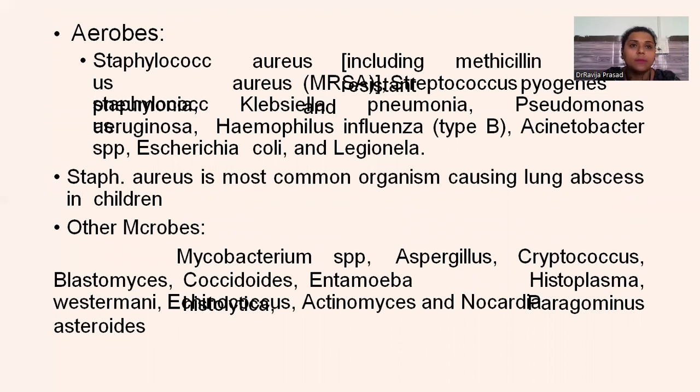So you have to remember, anaerobes are the most common organisms that cause lung abscess. It could be gram-negative anaerobes and gram-positive anaerobes. But Staphylococcus is the most common organism which causes lung abscess in children.